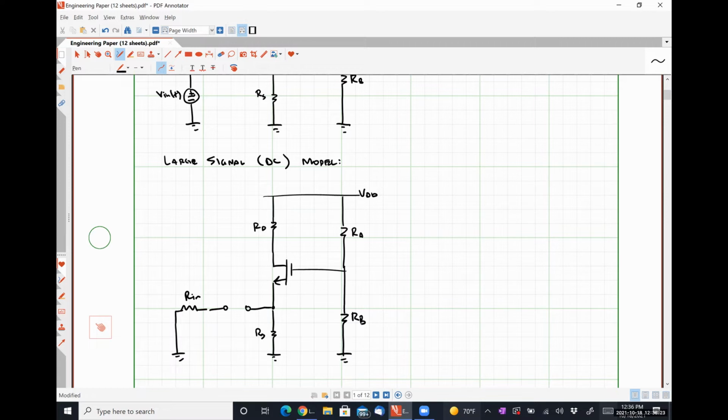So we can see pretty easily that the voltage applied at our gate terminal is VDD times RB over RA plus RB. Our voltage at our drain terminal, VD, is equal to VDD minus RD times ID, where this is our large signal drain current.